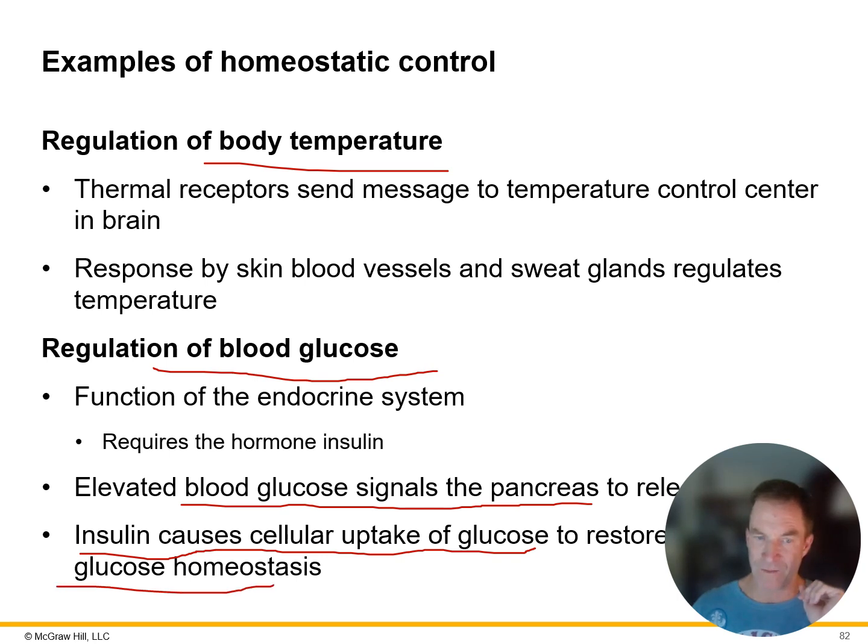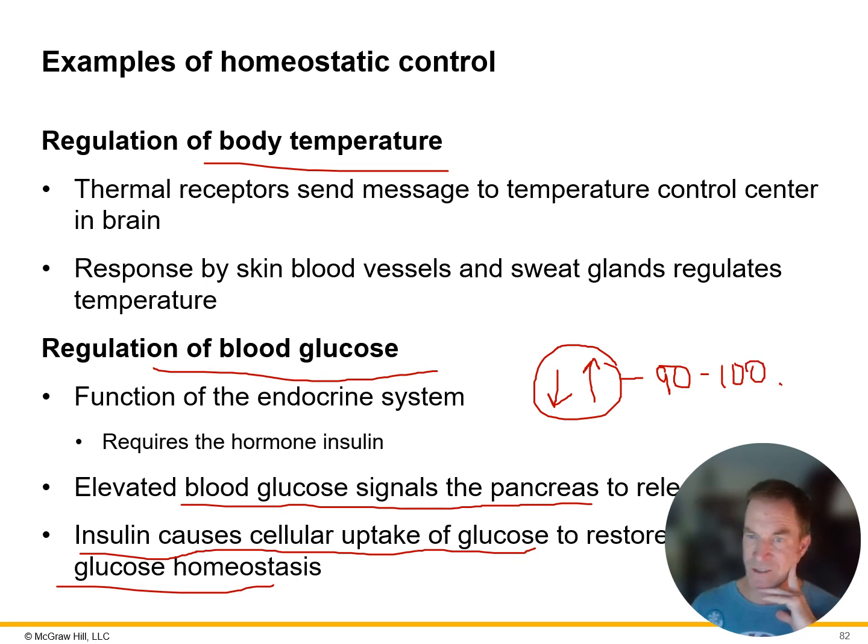So always kind of keep that in mind right now too. Insulin lowers blood glucose while glucagon raises it. But it's a combination of those two that maintain it. And it's right around 90 to 100 milligrams per deciliter, what we call percent. So anyway, that's what the normal resting, fasting blood glucose should be.